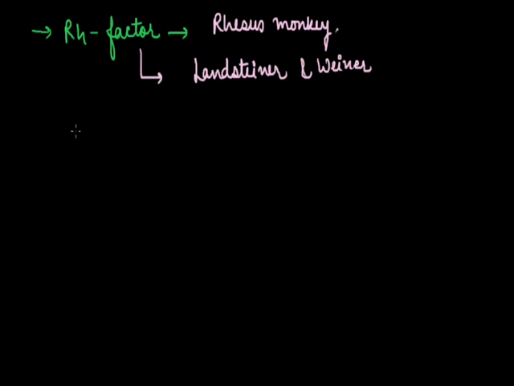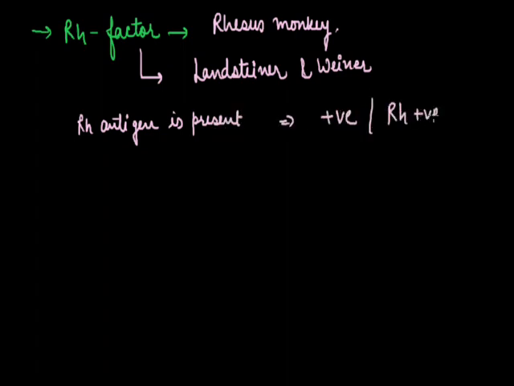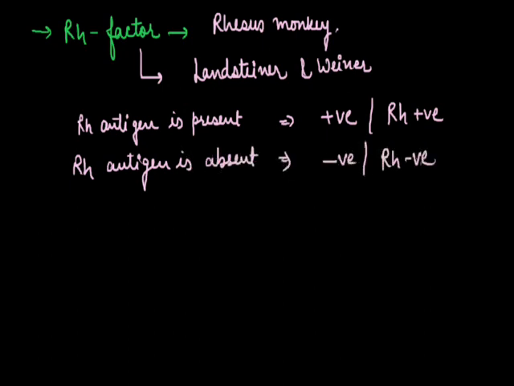If Rh antigen is present at the RBC surface, then that is called Rh positive, or positive blood group. And if this is absent at the surface of RBC, then the blood group is called Rh negative, or negative blood group.